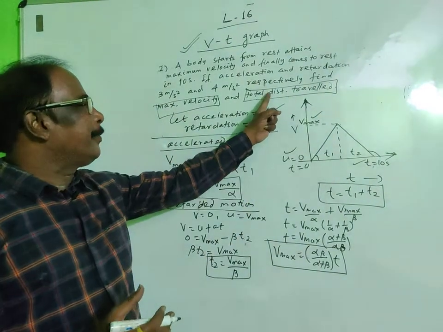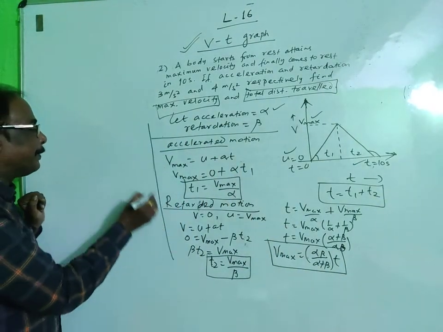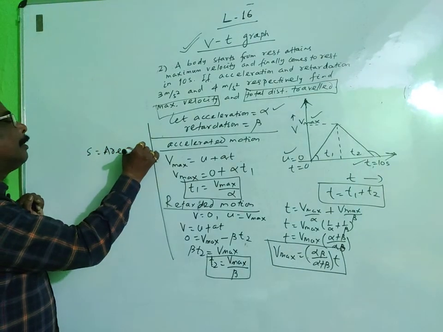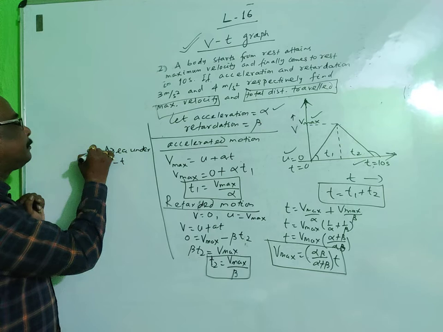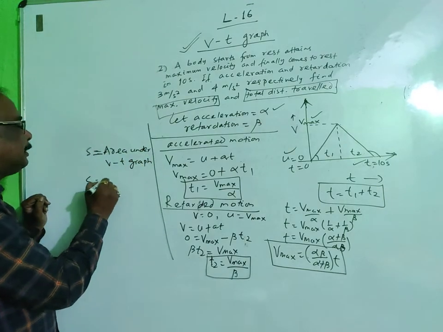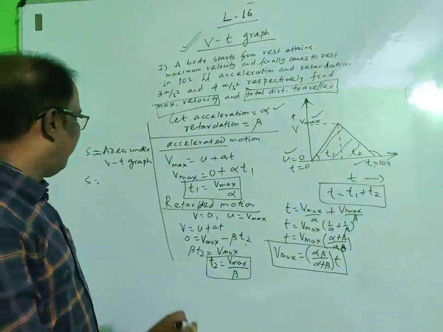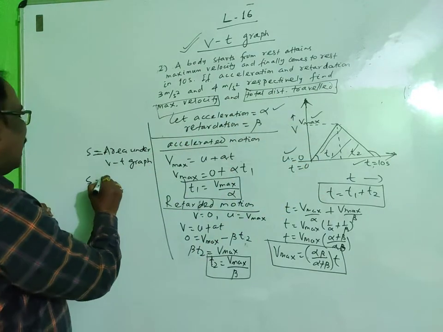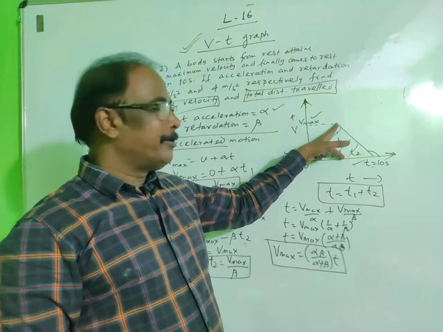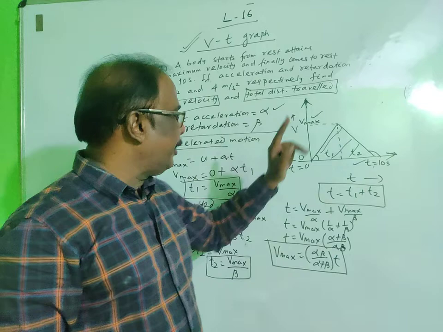Then it is asked the total distance traveled. Total distance traveled is the area under the VT graph. Means we have to calculate this whole area under the graph, and this is a triangle. Half base into height: base is t, from 0 to t, and height is V max.